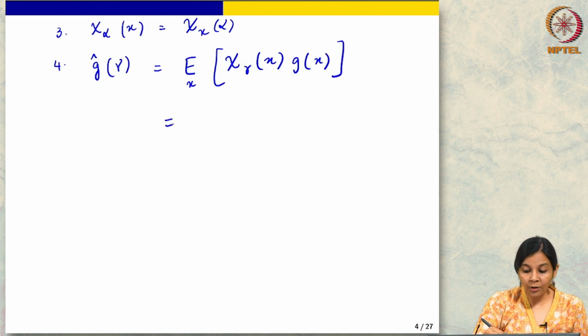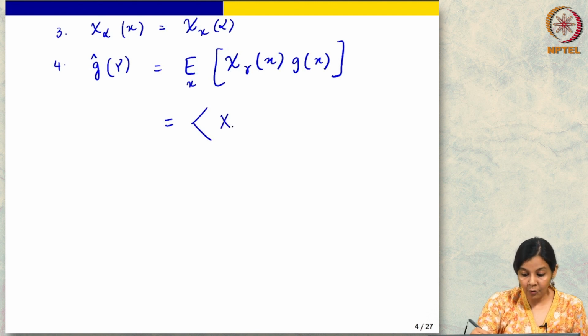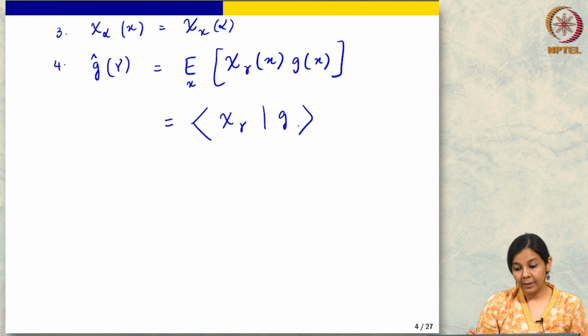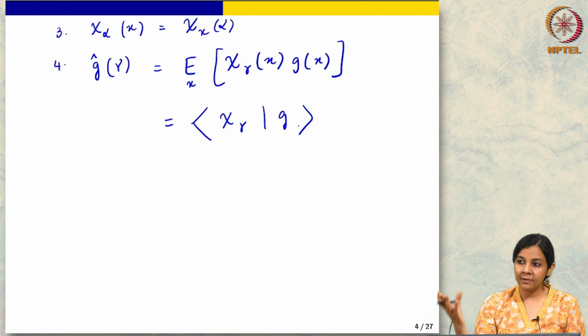More generally, a nice way to see this is that it is the inner product of chi gamma and G. This is a nice way to remember what these coefficients look like. Whenever I do a change of basis, going from one orthonormal basis to another, I can always compute the coefficients in this way. At least to me it is easier to remember it in this way than the expectation.